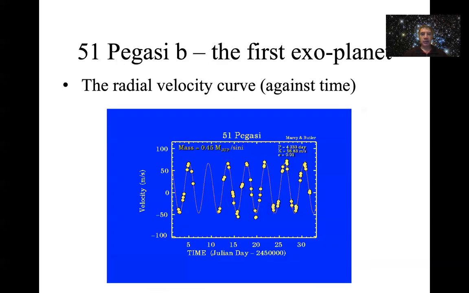And that was done back in the 90s with the first planet discovered this way, 51 Pegasi b. 51 Pegasi is the star that we're looking at, and the planets are called by little letters, starting with b.